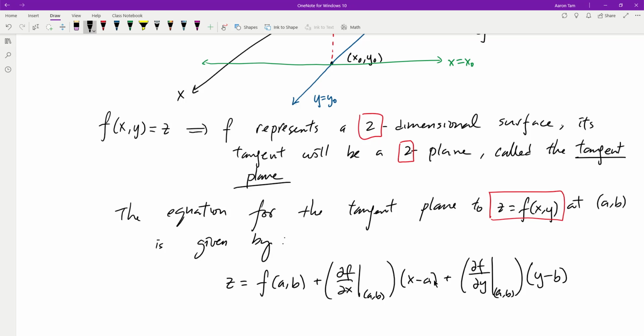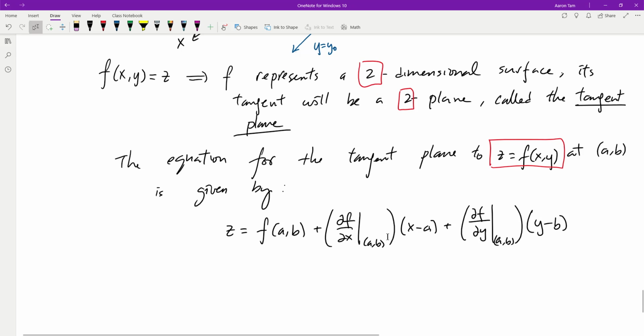So that's the formula for the tangent plane for a surface in R3 defined by a function z equal to f of xy. And an interesting thing to note is that these two things are basically slopes. And if you disregard this entire part of df over dy of AB times y minus b, then you kind of have a slope formula, a tangent line formula.